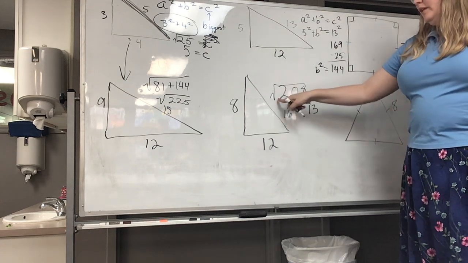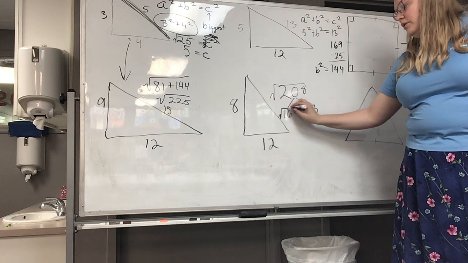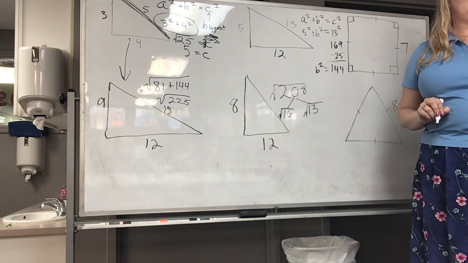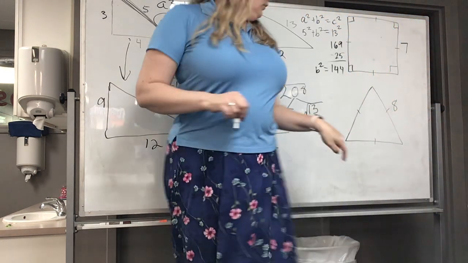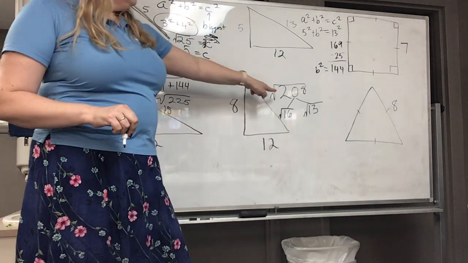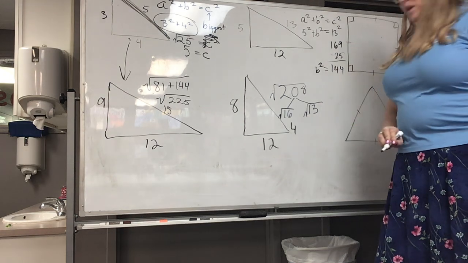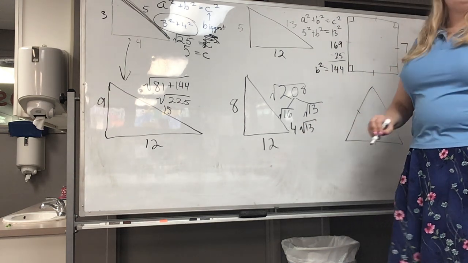So, this square root of 208 can break up into the square root of 16 and the square root of 13. Now, we already talked about 4 being the perfect root of 16, right? And so this simplified, the square root of 16 is 4, and then the square root of 13 is left over.